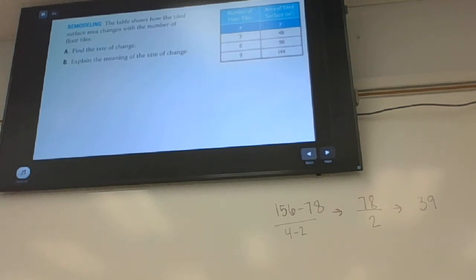Subtract the y's, write it over a fraction bar, subtract the x's, and divide. So we can just pick two random things? Okay. So for our remodeling rate of change, I'm going to do 96 minus 48 over 6 minus 3.